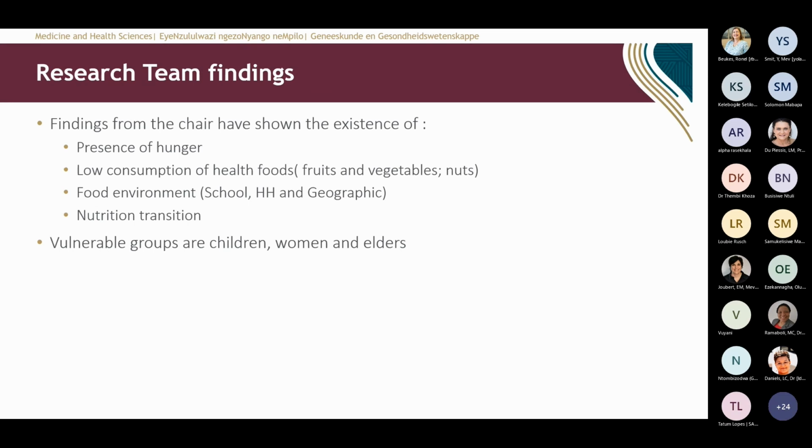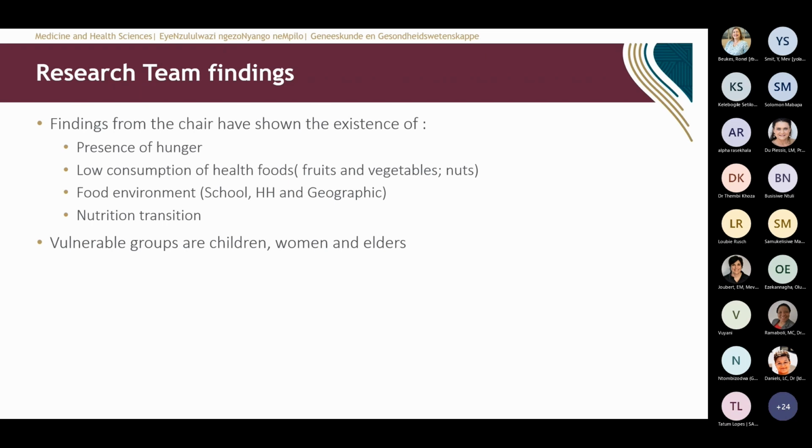So the research team has presented, and I will just touch on a few things that need to be looked at. Our findings have shown the presence of hunger and food insecurity in some of the communities we work in.